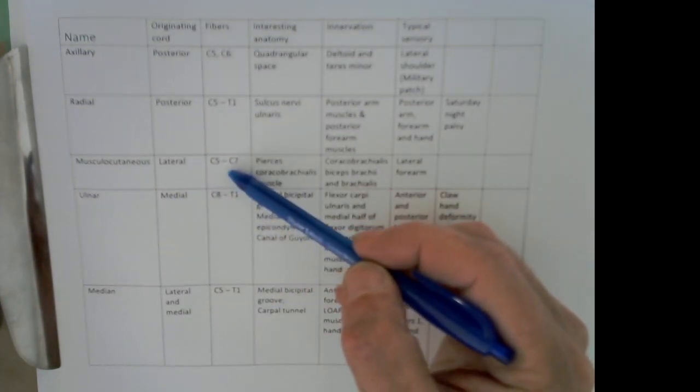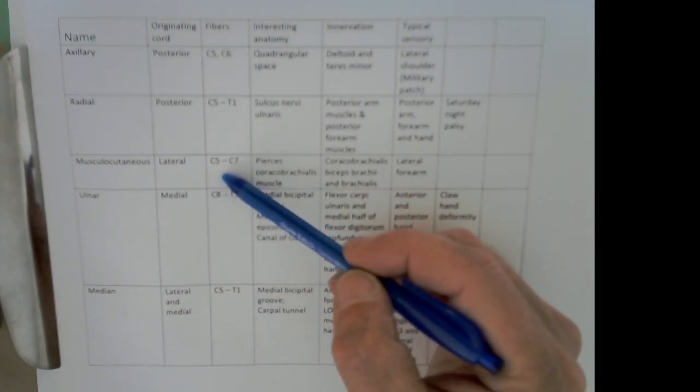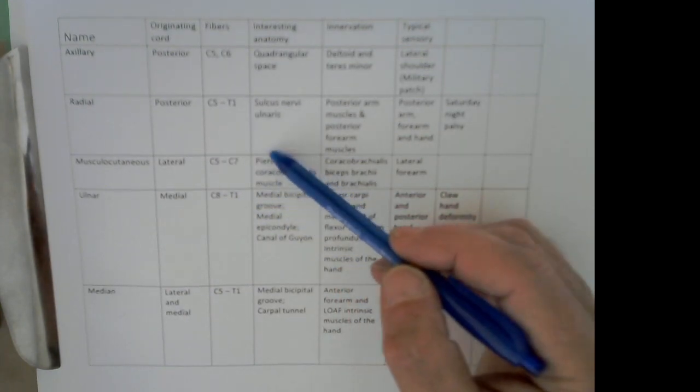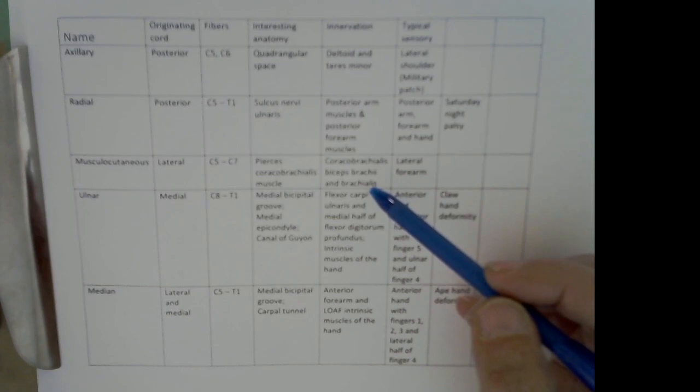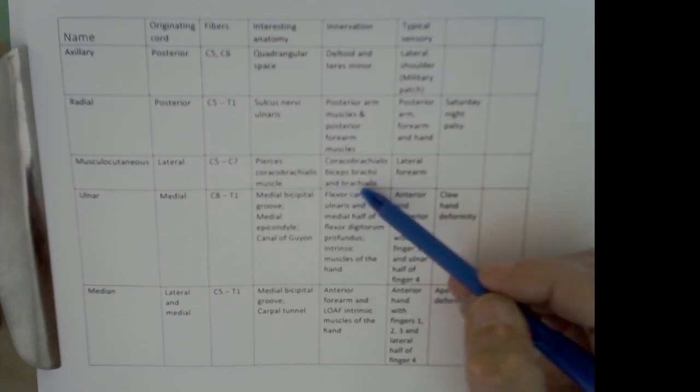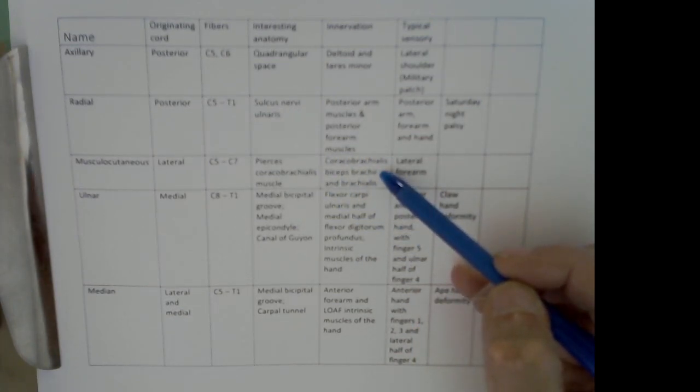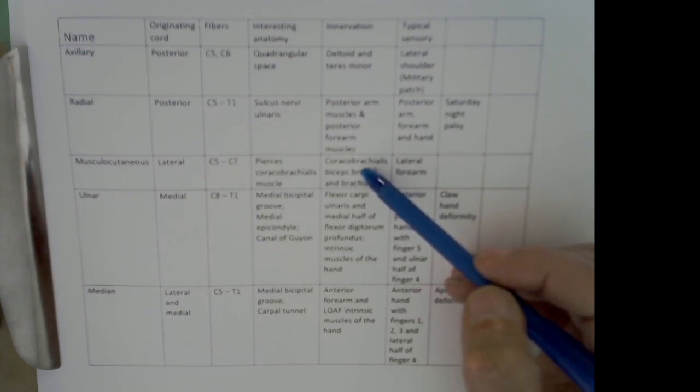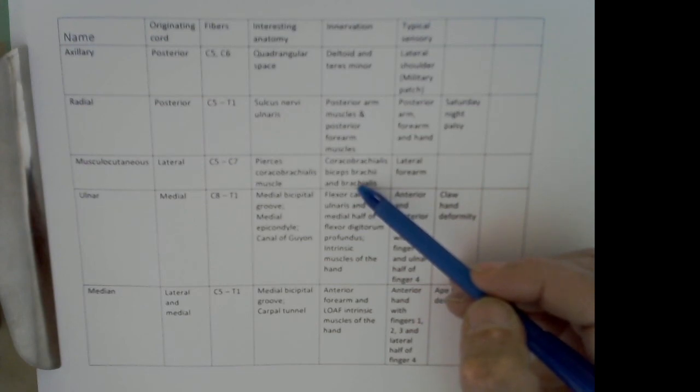A few words about the musculocutaneous nerve, C5, C6, C7. Interesting thing is that it pierces the coracobrachialis muscle, which makes the muscle easy to identify, but also makes the nerve easy to identify as well. Innervation of muscles is happening only on the anterior side of the arm. So we have three muscles: the coracobrachialis, biceps brachii, and the brachialis muscle.